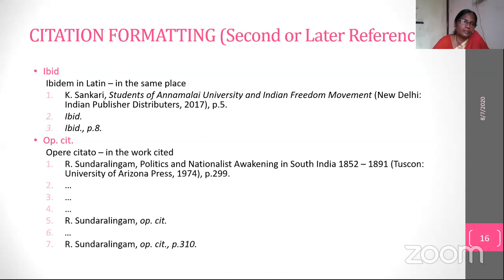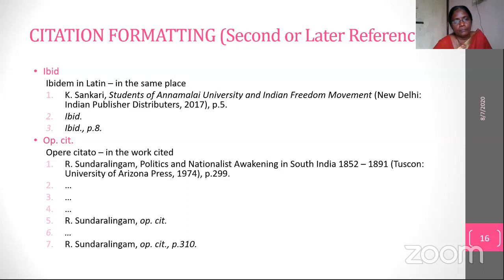First time, the whole book, whole details. Suppose it is immediately repeating, Ibid with the full stop, and the page number is also the same, 5. Suppose the page number is varying, we have to put Ibid, comma, p. 8. This is the difference. First time full.